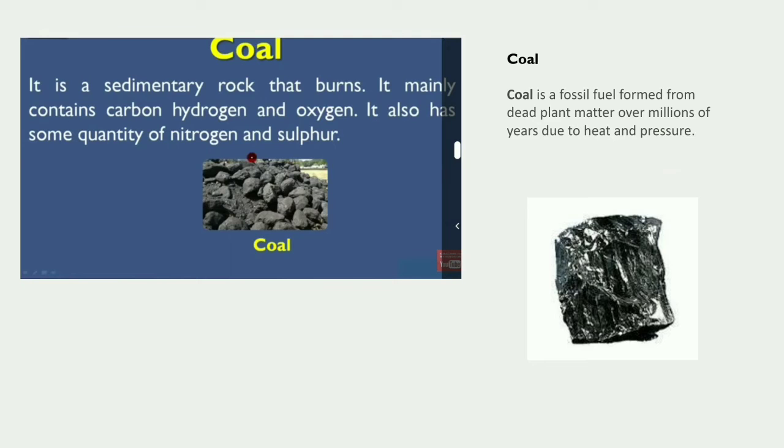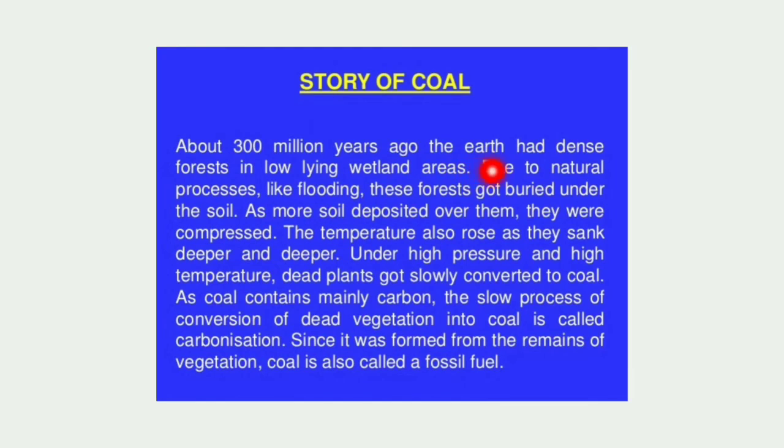What is the story of coal? About 300 million years ago, the earth had dense forests in low-lying wetland areas. Due to natural processes like flooding, these forests got buried under the soil. As more soil deposited over them, they were compressed by the pressure. Temperature also rose as they sunk deeper and deeper.